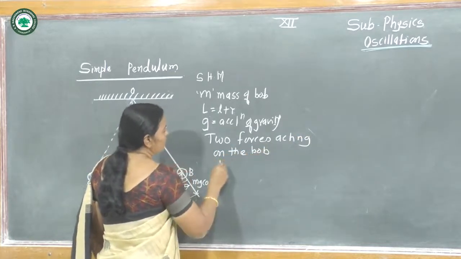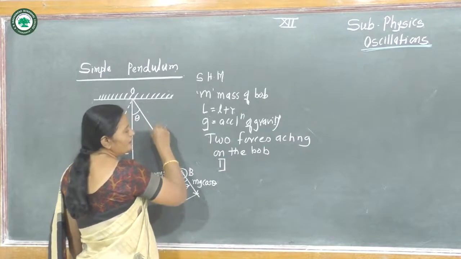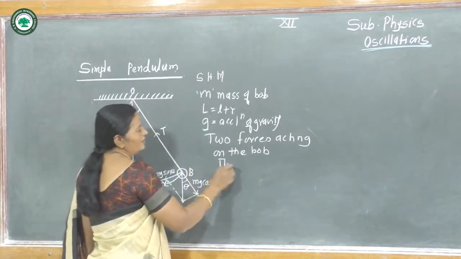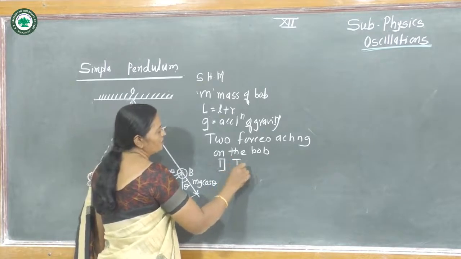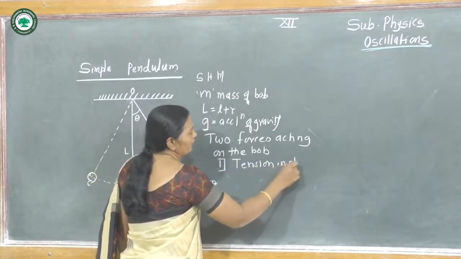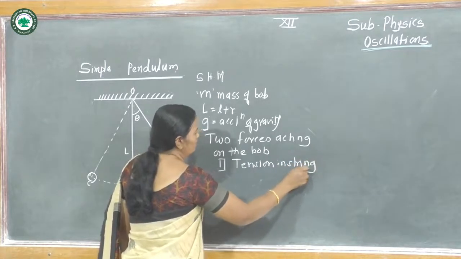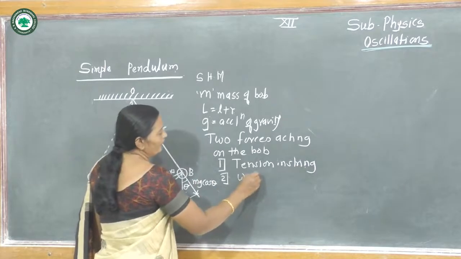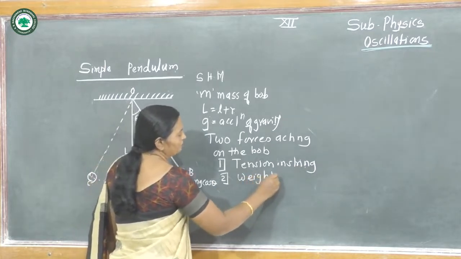The first force acting on the bob is the tension in the string. The other force is the weight of the bob.